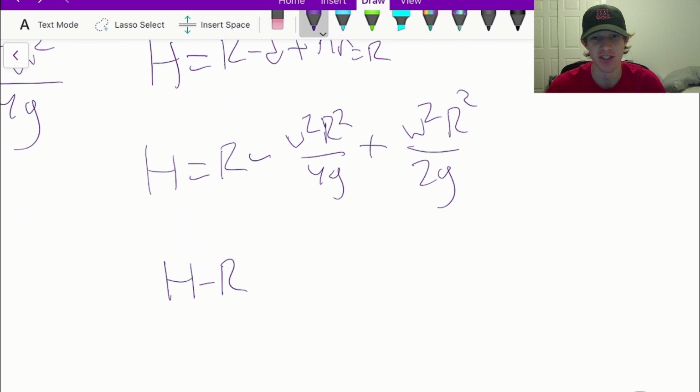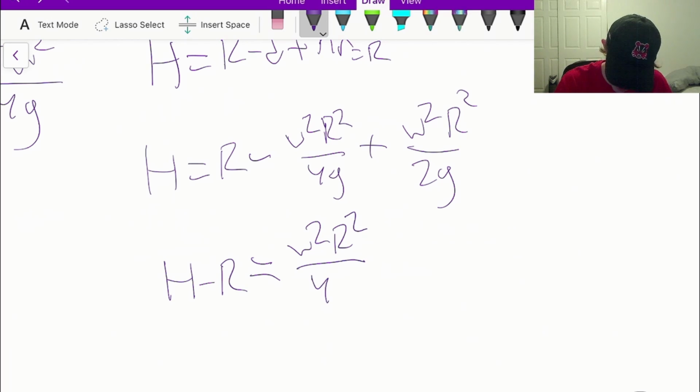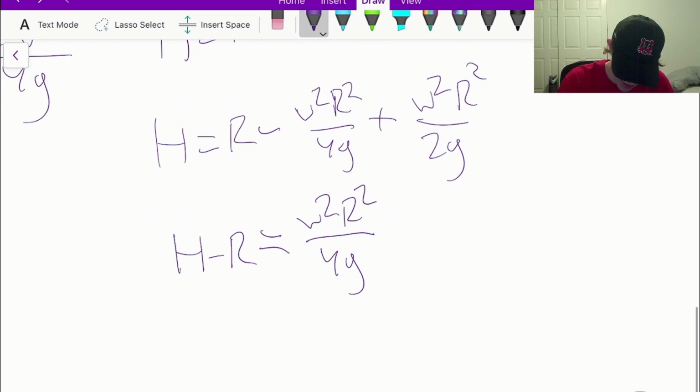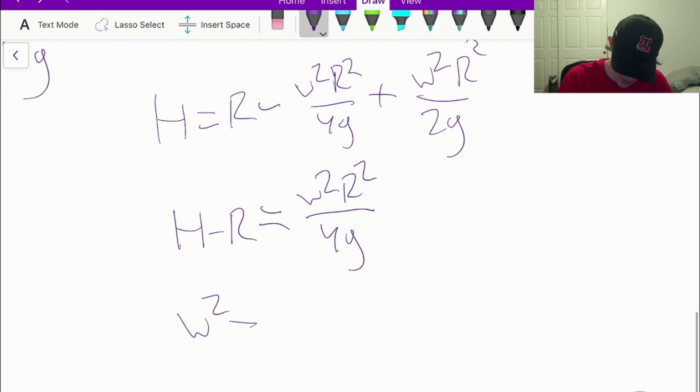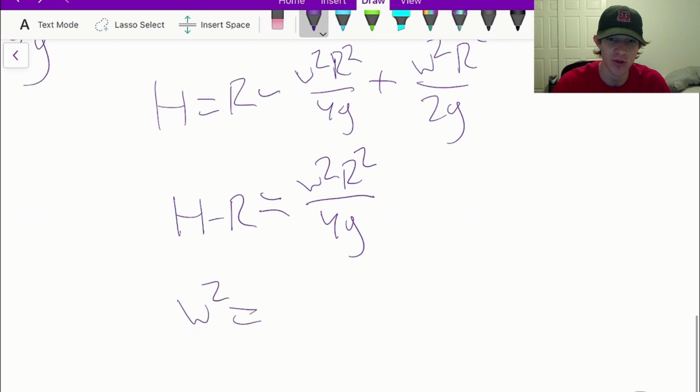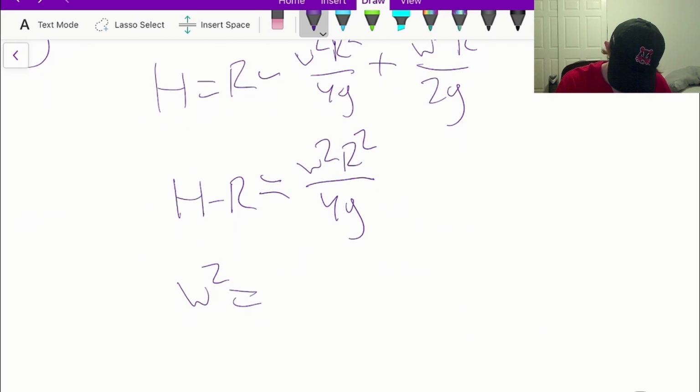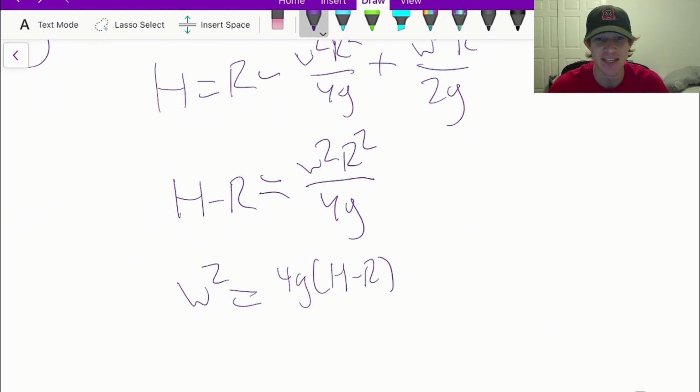We get h minus R equals omega squared R squared over 2g, or 4g, apologies, 4g. So we get omega squared is equal to 4g times (h minus R) over R squared. We want to take the square root of that.